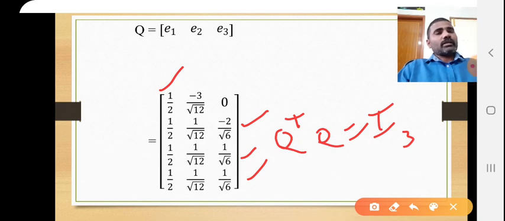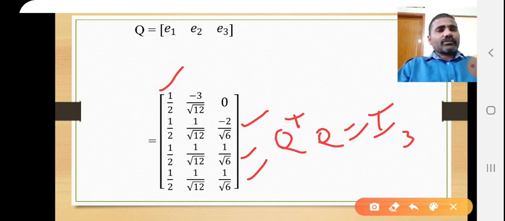Earlier I told that Q is an orthogonal matrix. It is not correct. Q contains only orthonormal vectors such that Q transpose Q equals the identity matrix, and not Q into Q transpose. If A is a square matrix, then Q into Q transpose becomes I, and Q is a non-singular matrix, inverse exists, Q inverse is nothing but Q transpose.